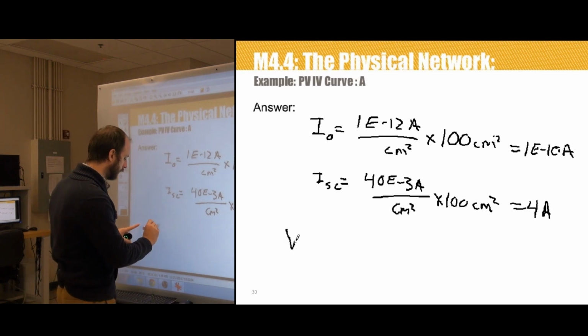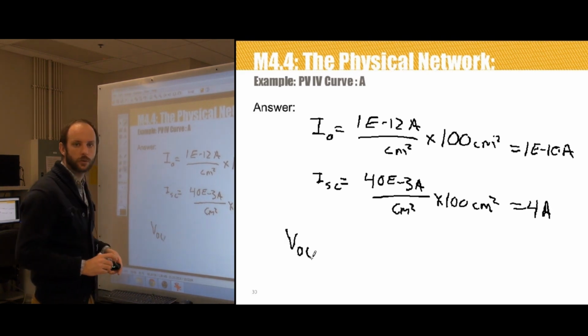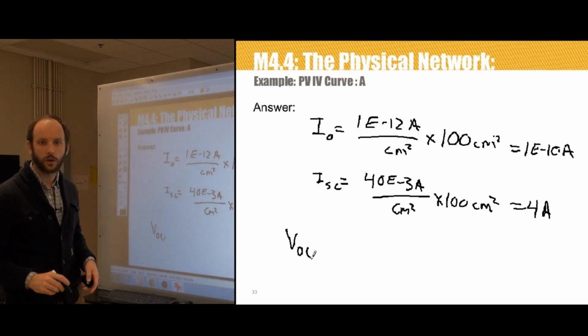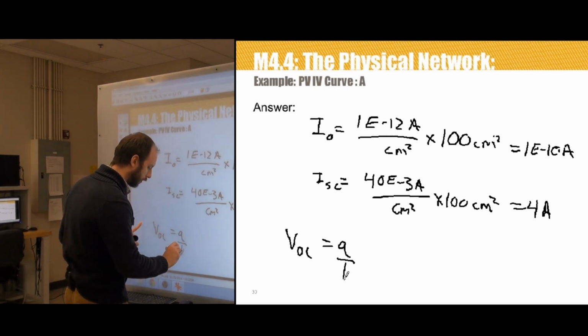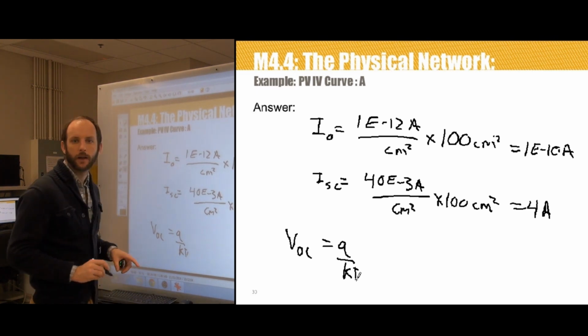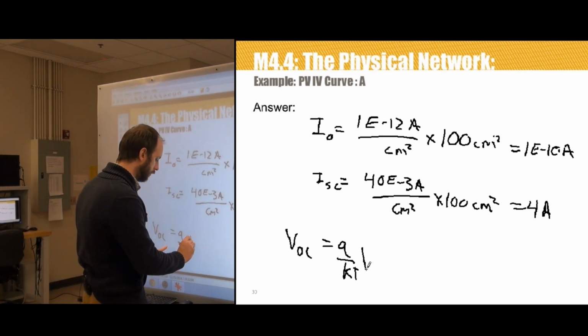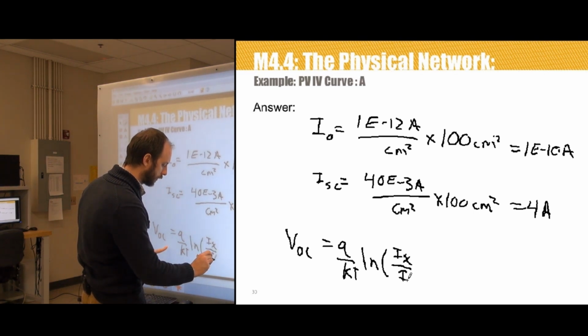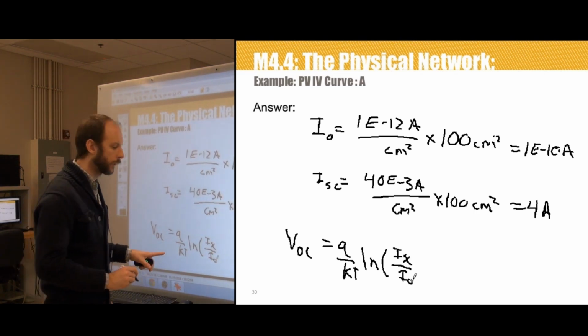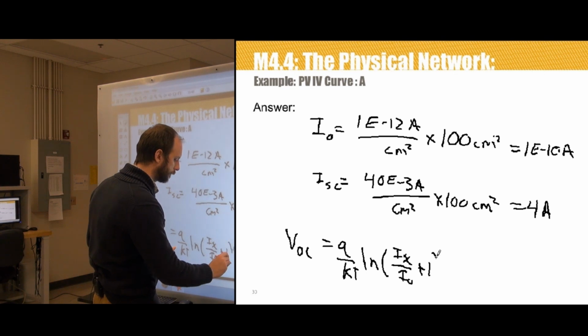So for VOC, we just need to solve the Shockley equation. It is Q over KT times the natural log of the short circuit current divided by the reverse saturation current, I0. We then add 1 to that.